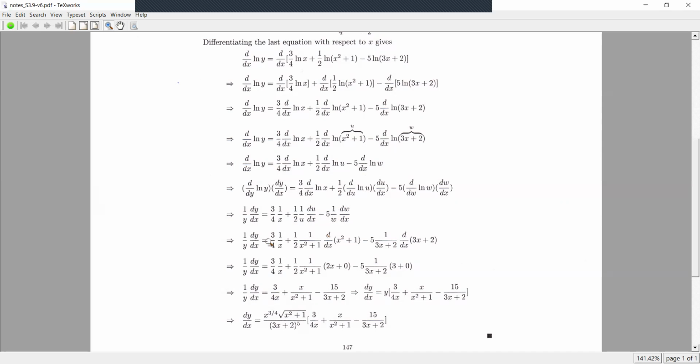Then I have this equation. The derivative of x squared plus 1 with respect to x is 2x plus 0. The derivative of 3x plus 2 with respect to x is 3 plus 0.